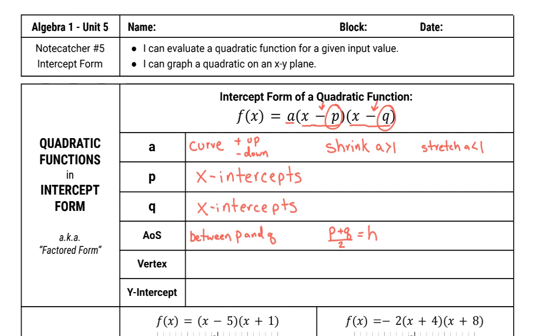The vertex is going to be directly between them, so we're actually going to be able to find that H, find the axis of symmetry, and plug that in. So we can plug in the axis of symmetry, which we're calling H, into the function for x.